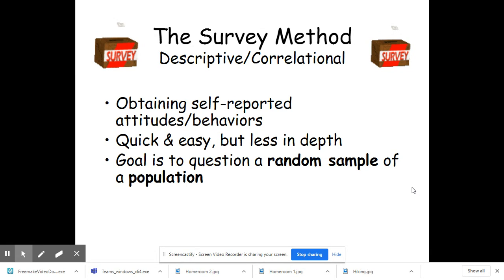The thing with a survey, though, is we have to make sure that it is a legitimate survey. What that means is you have to figure out what group you want to study, and then from that group, we have to make sure that the sample that is taken is random.